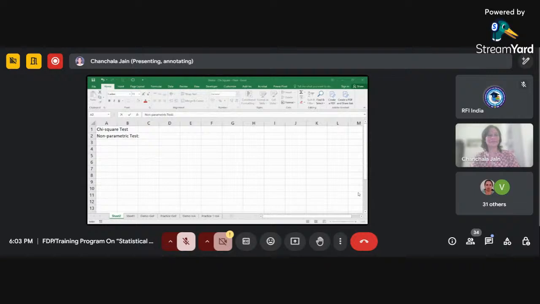So I think I'll discuss the non-parametric test. Non-parametric test, generally, is a test which is not bothered about the normal distribution, specifically normal distribution, right? And when we have a categorical variable, we are using the non-parametric test, right?